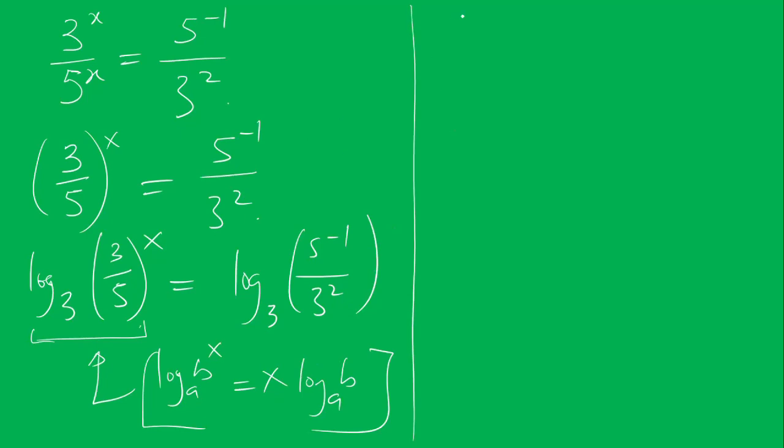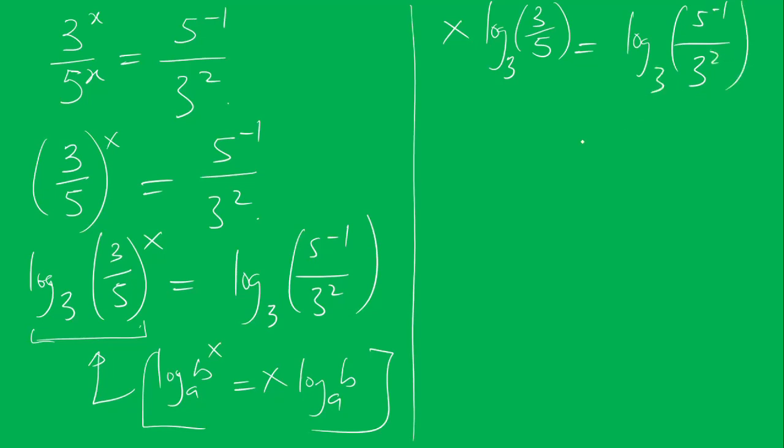Applying that rule, you have x log of 3 over 5 base 3 equal to log of 5 to the power of minus 1 divided by 3 to the power of 2, base 3.